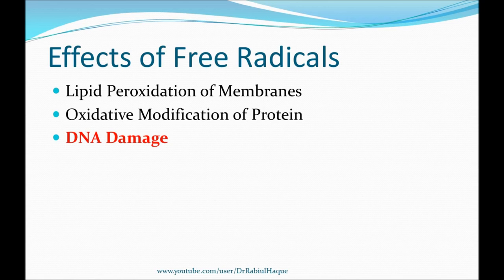And all this DNA damage caused by free radicals can result in cellular aging as well as malignant transformation of the cells. Now I have separate videos on cellular aging and also videos on neoplasm, so you can also look into those videos after watching this video for more information.